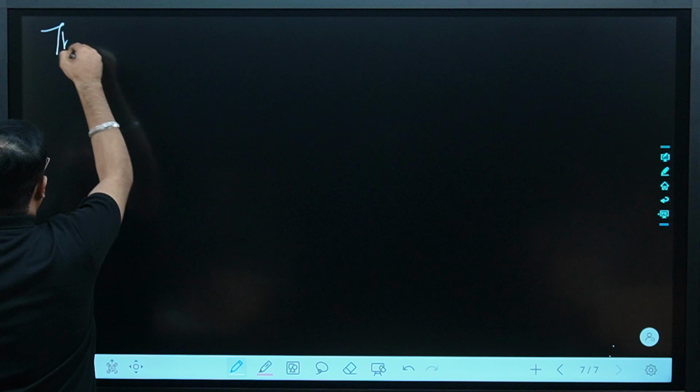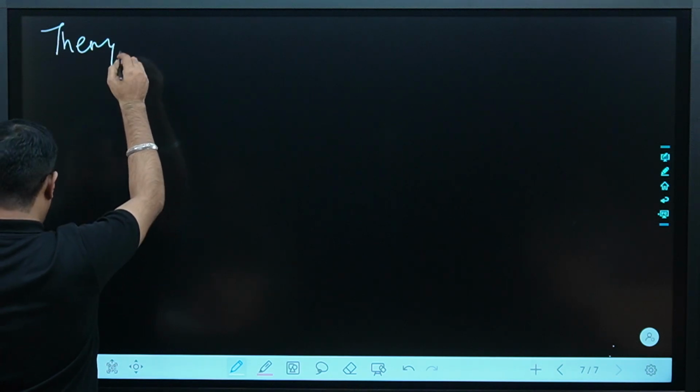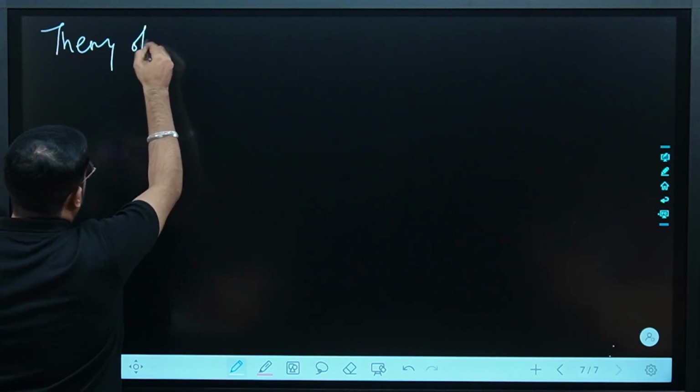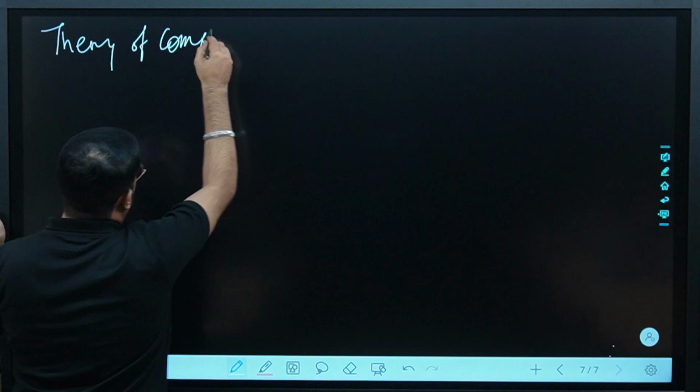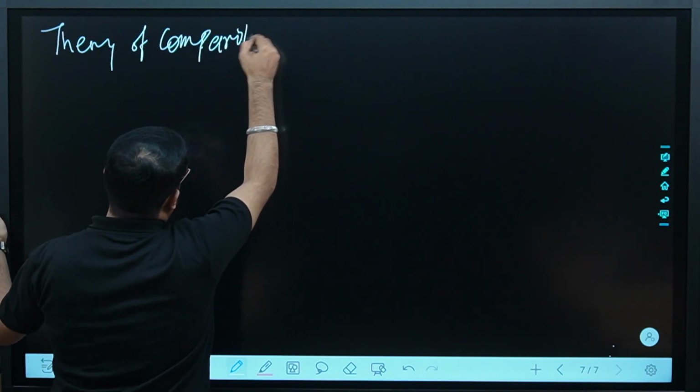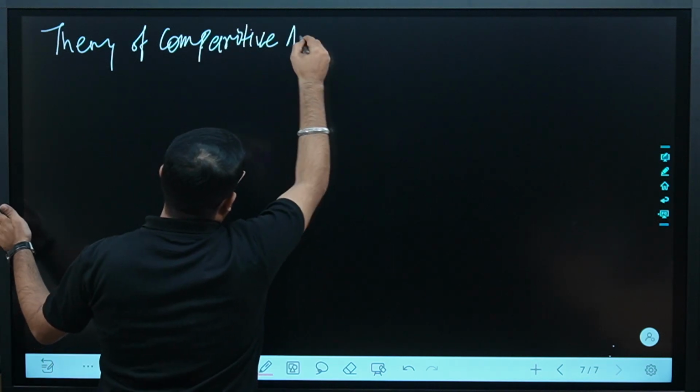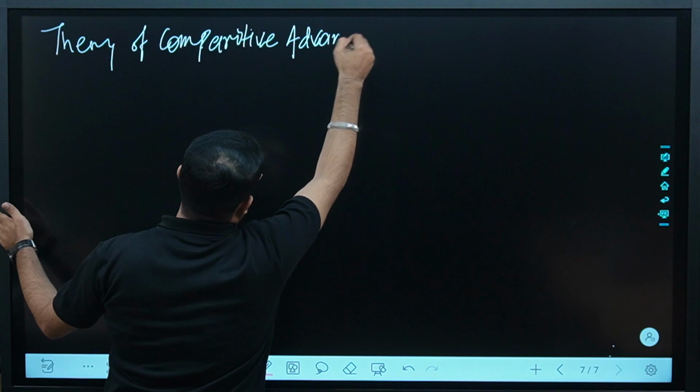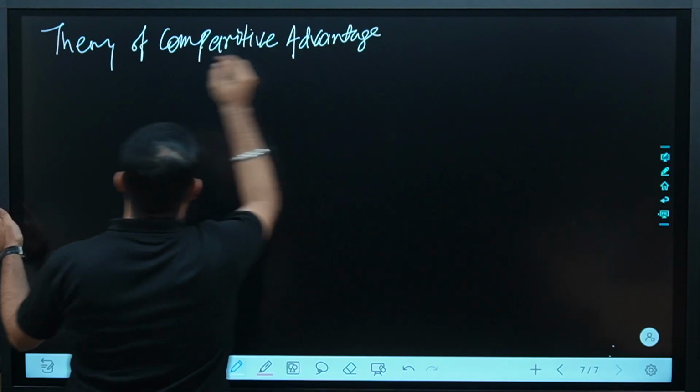Third theory, that is the theory of comparative advantage.